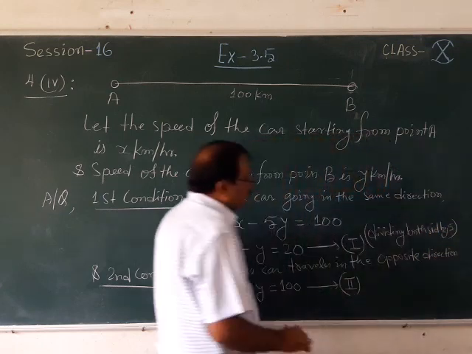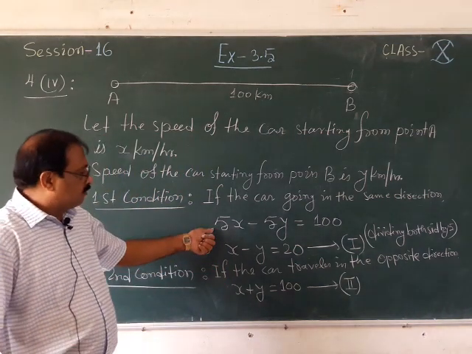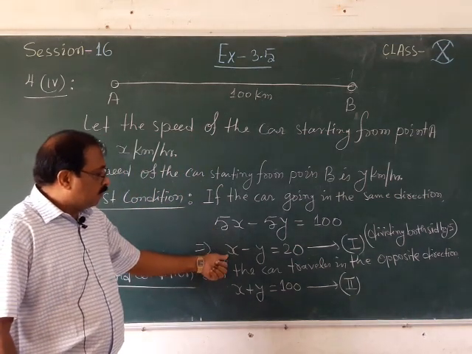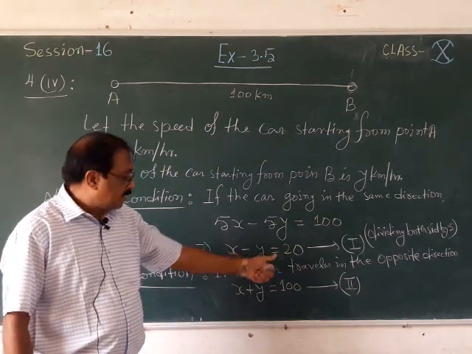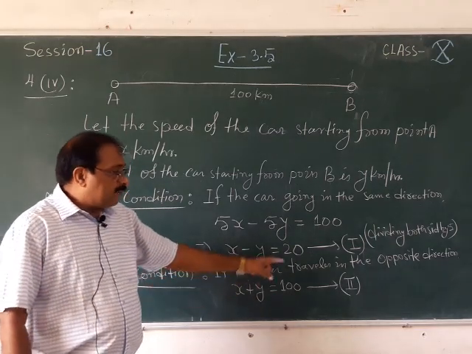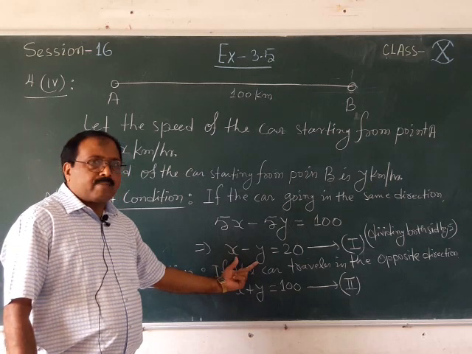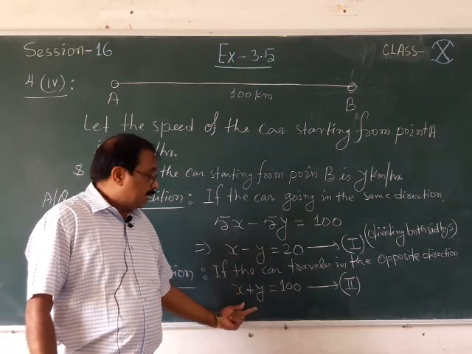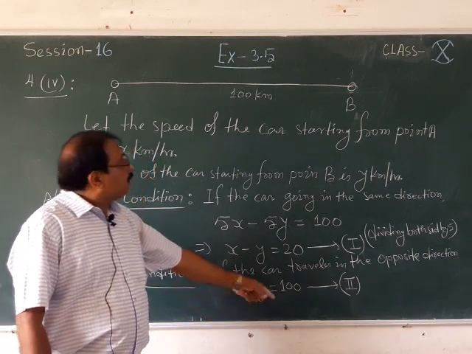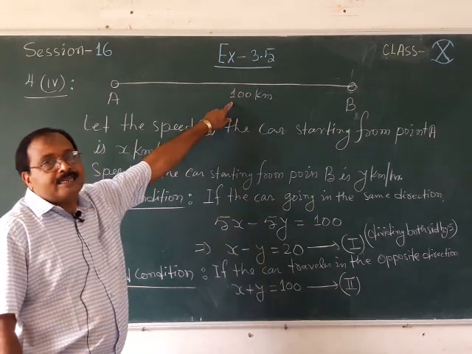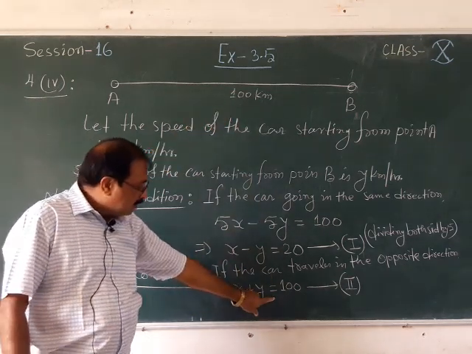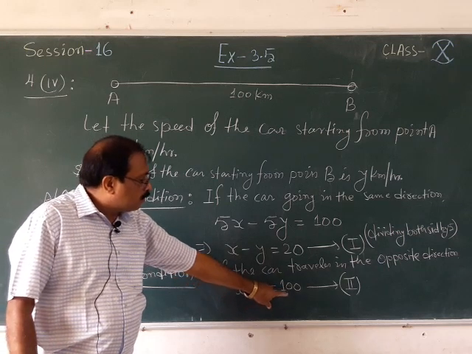You can write in brackets, dividing both sides by 5. If you divide both sides by 5, you have x minus y equals 20. And if the cars travel in the opposite direction, instead of x minus y we need to write x plus y, and their sum will be 100, because the distance is 100 kilometers. So it will be written as x plus y equals 100.